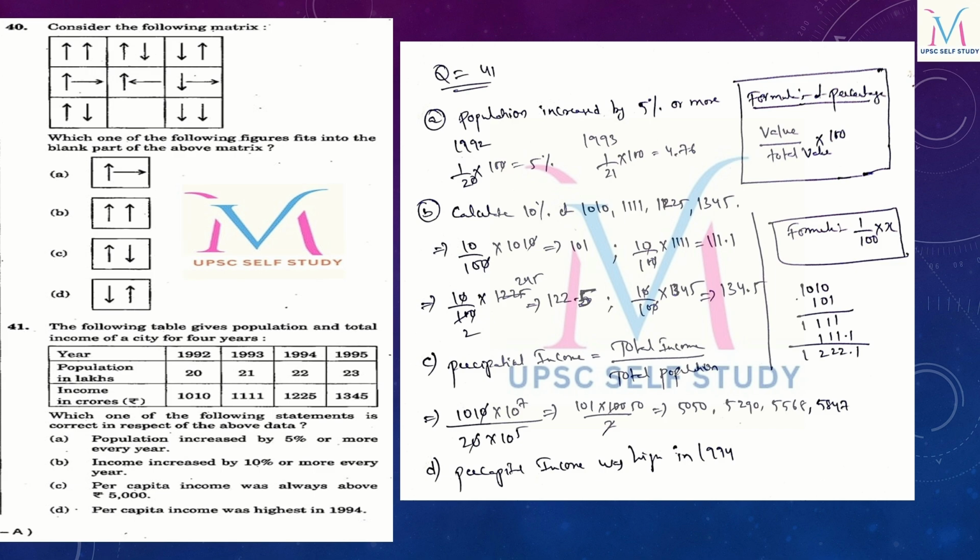By adding this 10% of 111.1 to 1111 we should get 1225, but we are getting 1222.1. So this is also not correct. So the income is not increased by 10%. This statement is also wrong.